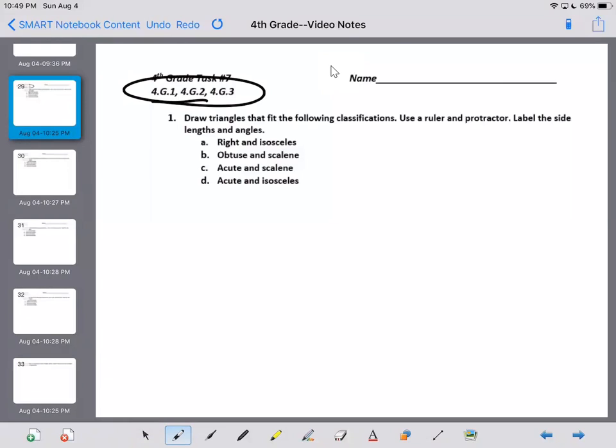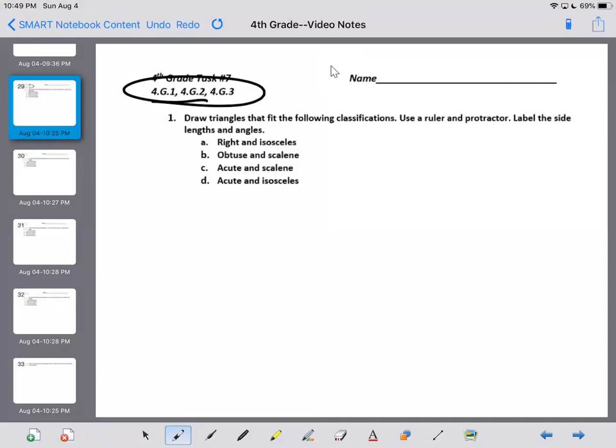So, if you have not already, cut out the protractor that I have given to you in your notes, and it should be at the end of your homework as well. If you haven't done that, I would ask you to go ahead and stop the video and cut out or print out. There's 2 protractor examples that I gave you.